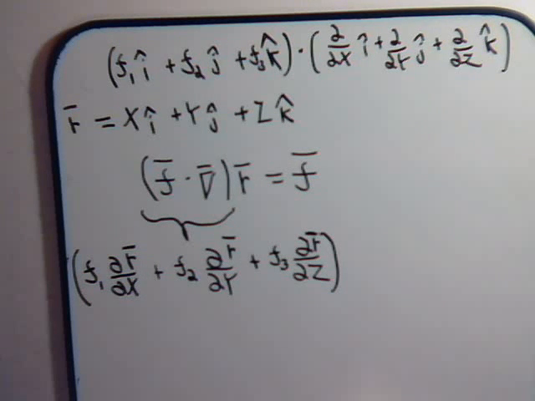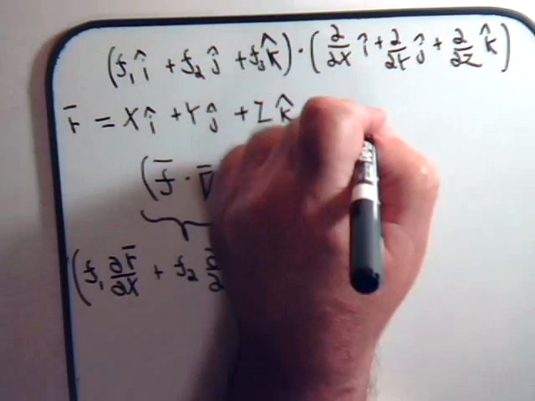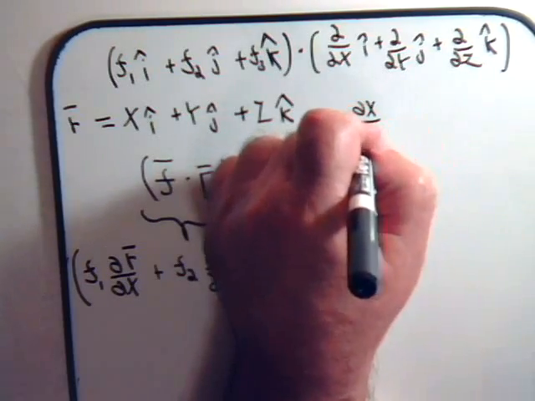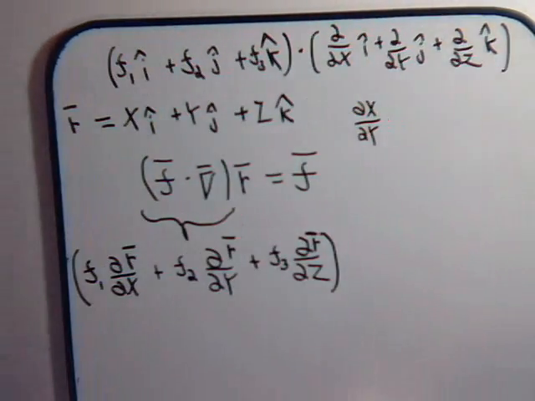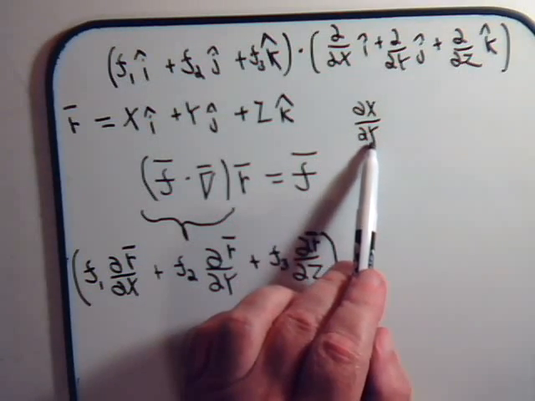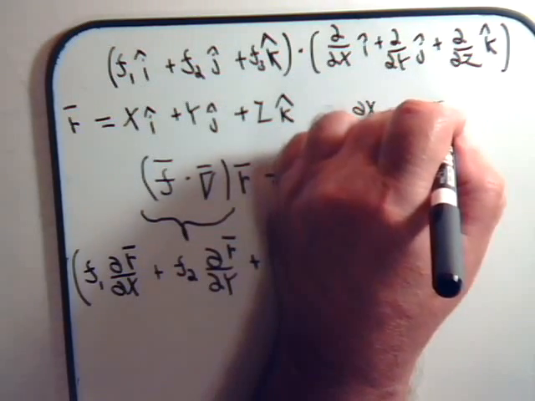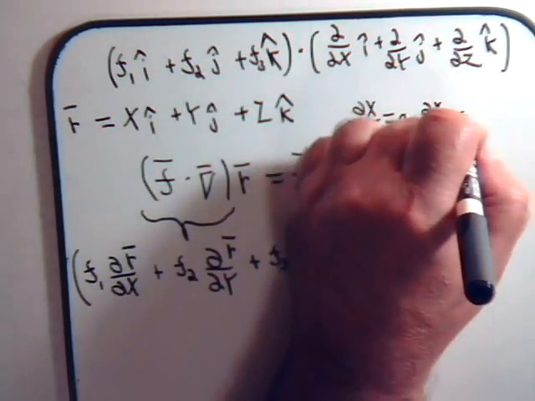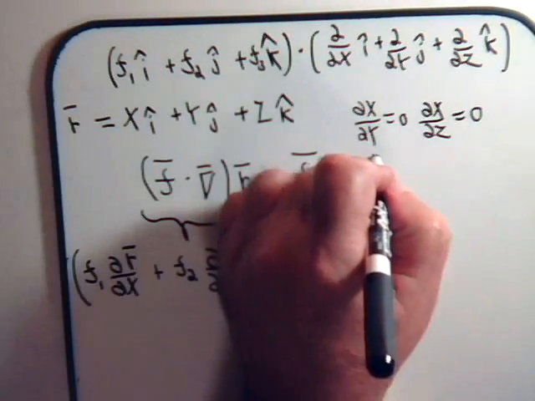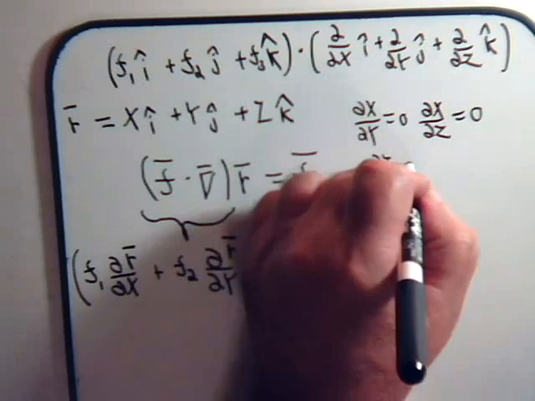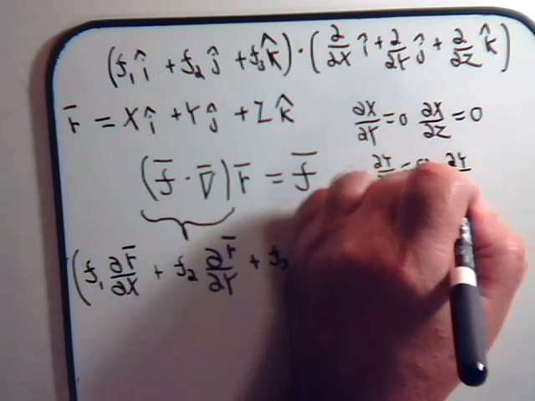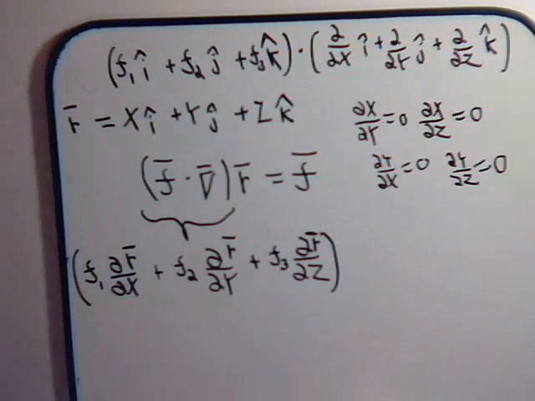They're just simply the coordinates of some point in three-dimensional space. They don't relate to each other in any way. So if we had, for example, the partial of x with respect to y, well, x does not change at all with respect to y. They're totally independent of each other, so that's 0. Or likewise, the partial of x with respect to z, that's 0. Or the partial of y with respect to x. Or the partial of y with respect to z, that's 0.